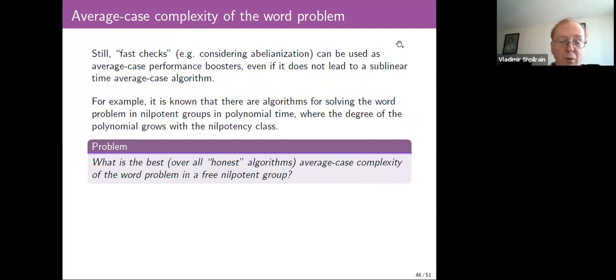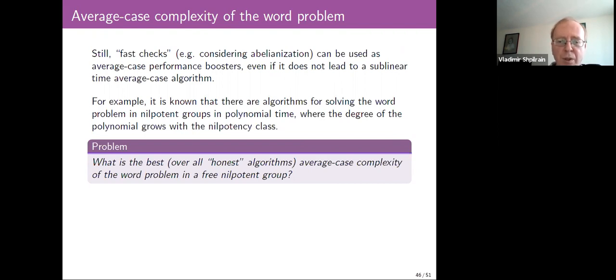So we may ask, for example, what is the best average case complexity of the word problem in free nilpotent groups? I'm not asking about all nilpotent groups, that might be too complex a problem, but at least in free nilpotent groups, those are very well understood.